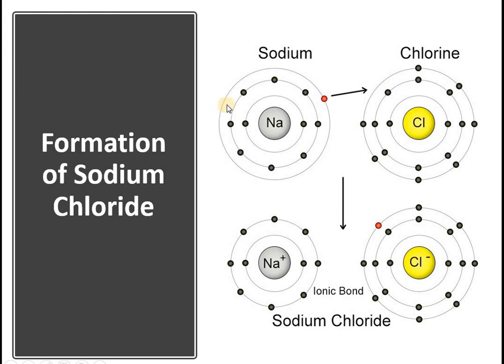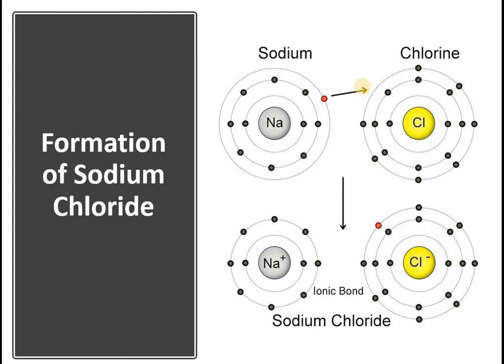Now 1 electron is in excess of the stable electronic configuration of the nearest noble gas, that is neon. Neon's configuration is 2,8. Therefore, an atom of sodium shows a tendency to give up 1 electron from its outermost shell to acquire the stable electronic configuration of neon.